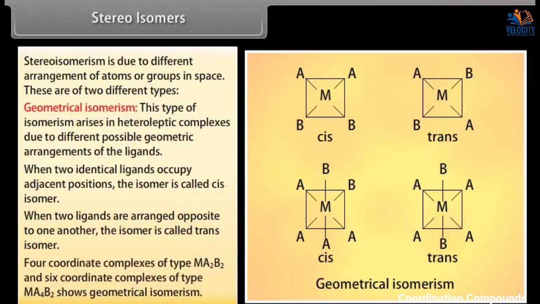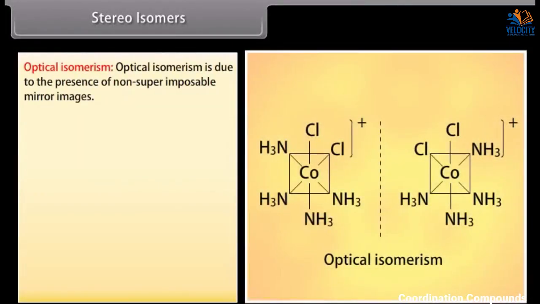Four coordinate complexes of type Ma2B2 and 6 coordinate complexes of type Ma4B2 show geometrical isomerism. Optical isomerism. Optical isomerism is due to the presence of non-superimposable mirror images. The non-superimposable mirror images are called enantiomers.